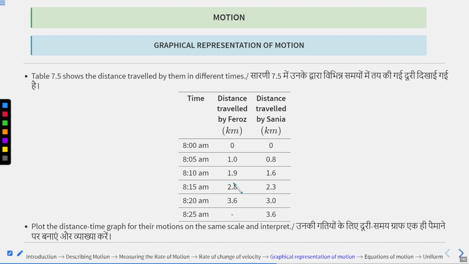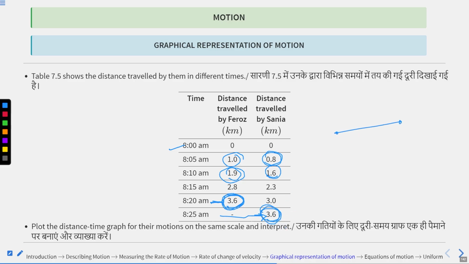And this is the graph: at 8 a.m. both were at home. At 8:05, Feroz traveled 1 kilometer, Sanya traveled 0.8 kilometer. At 8:10, Feroz traveled 1.9 kilometers, Sanya 1.6. At 8:20, Feroz reached the school, and at 8:25, Sanya reached the school.